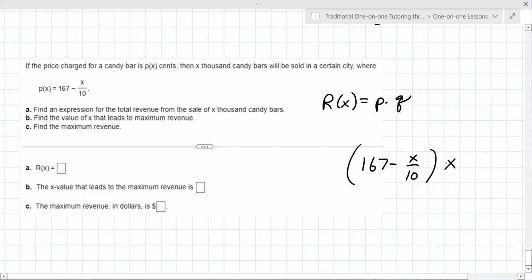Having said that, though, I'm really bothered here because it's in cents and revenue is always in dollars, but it doesn't say that revenue is in dollars. Let me confirm this question online.